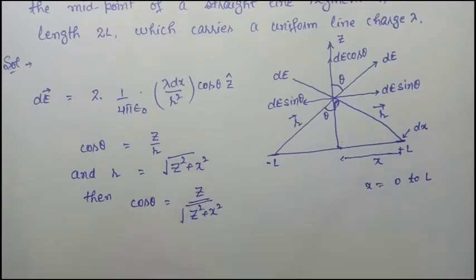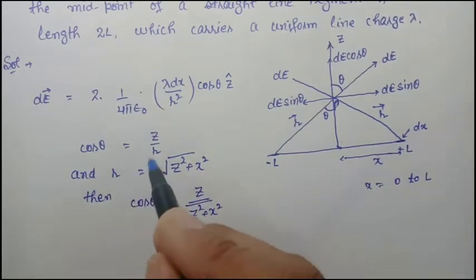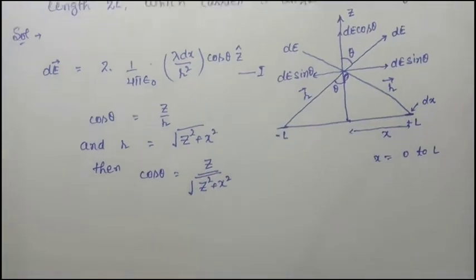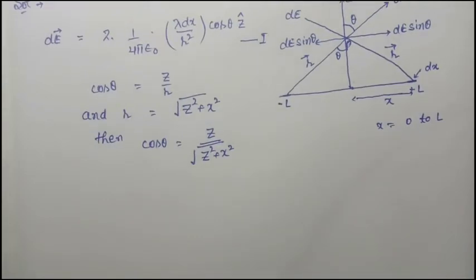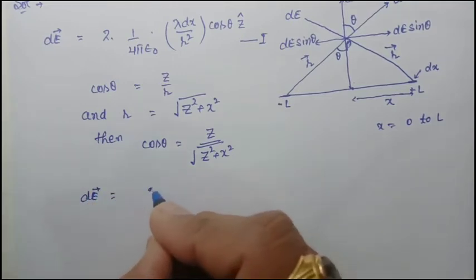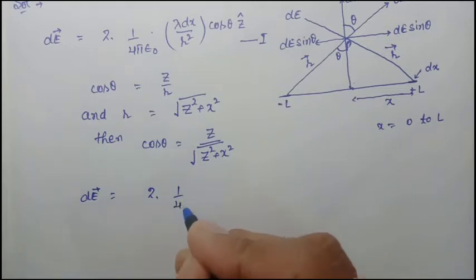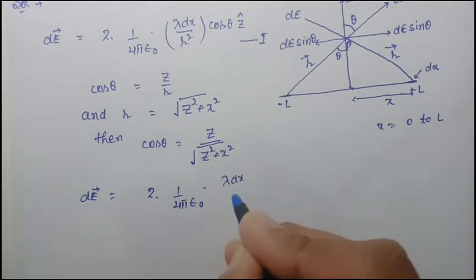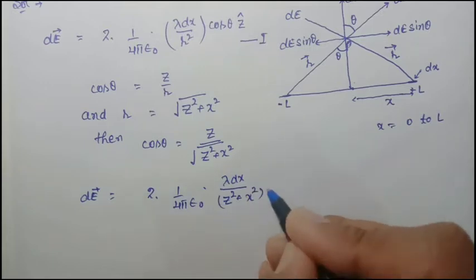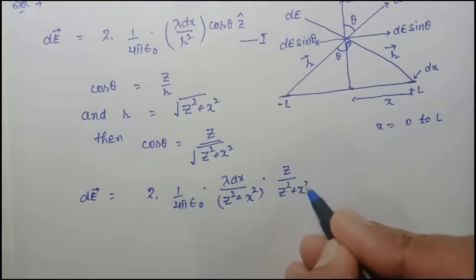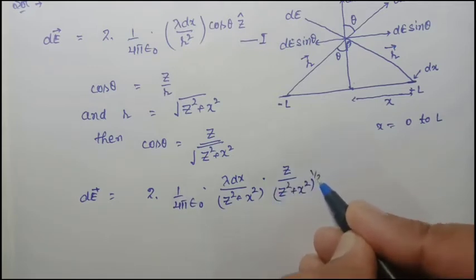Now substitute the value of cos theta and r in the first equation, then we can write dE equals 2 into 1 over 4 pi epsilon naught into lambda dx over r square, which is z square plus x square, and cos theta equals z over the square root of z square plus x square.